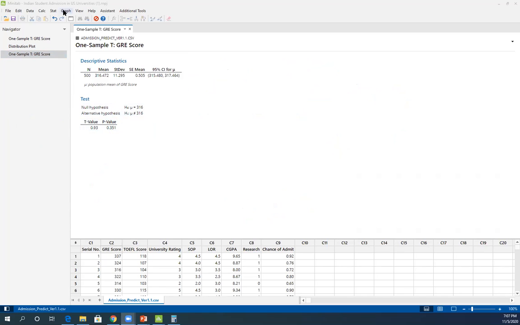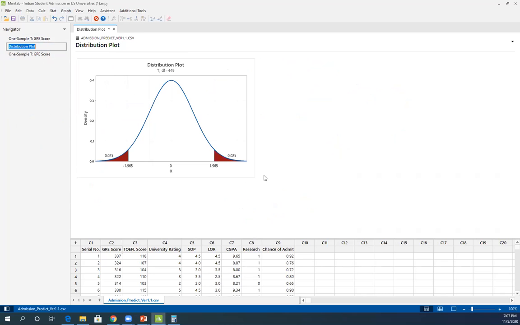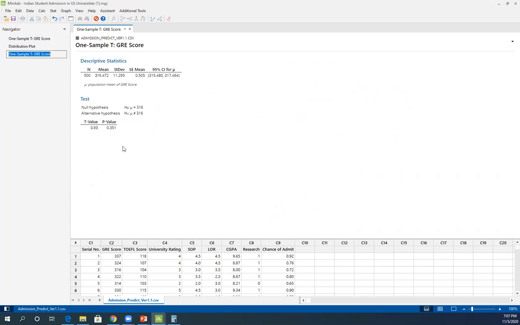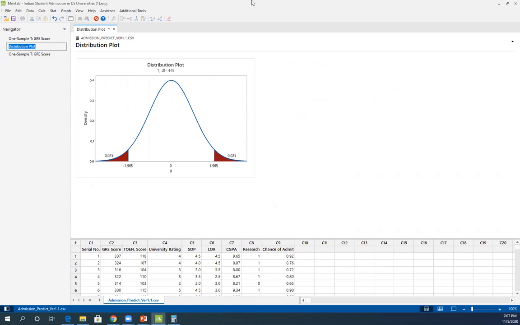Based on that, again, I'm going to draw the distribution plot. This is our distribution plot. What is the t-value we are getting? 0.93. Where are we getting 0.93? This is 0, and 0.93 would be somewhere here. So our t-value is within the confidence level, within this area.